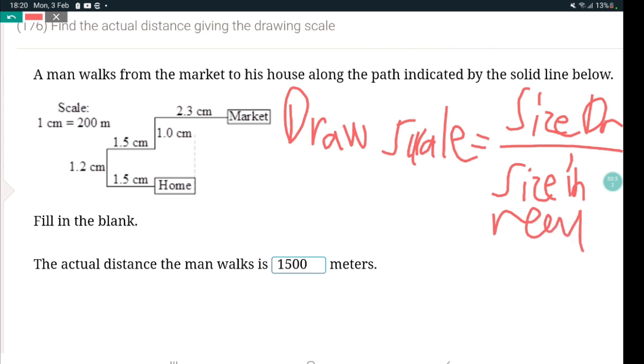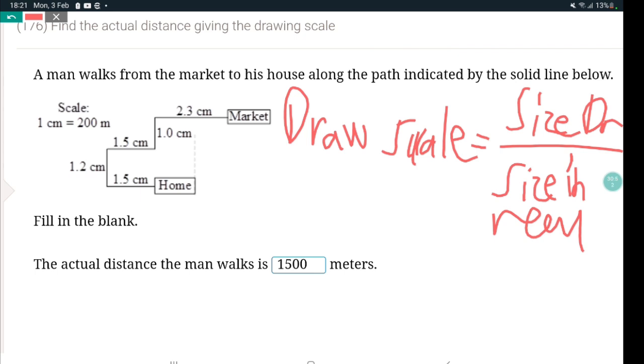Size in drawing scale equals the size of the drawing, like the path or anything in the drawing, over the size in real life. Okay, that's the rule for the scale.